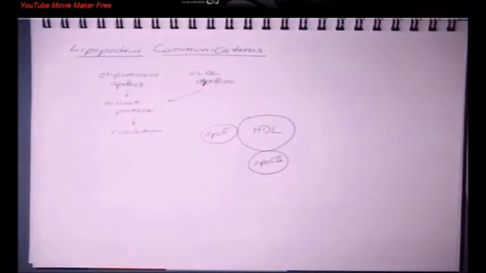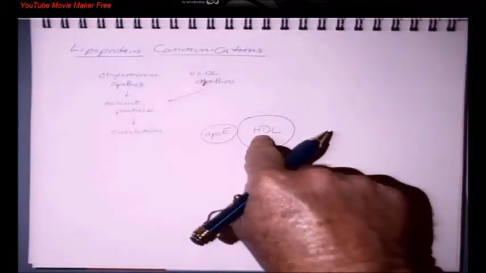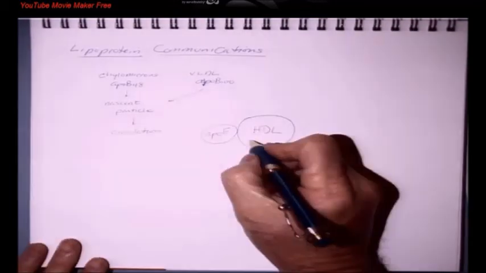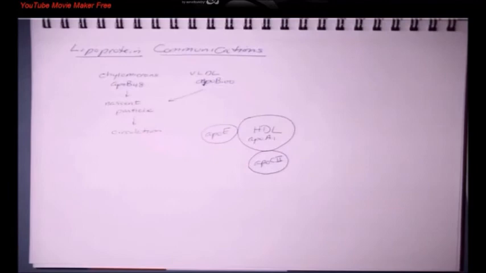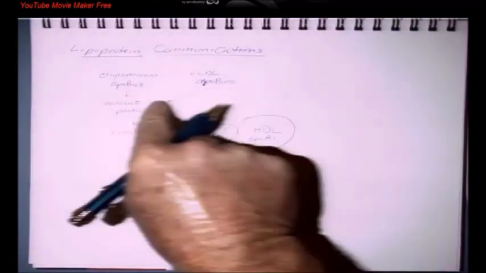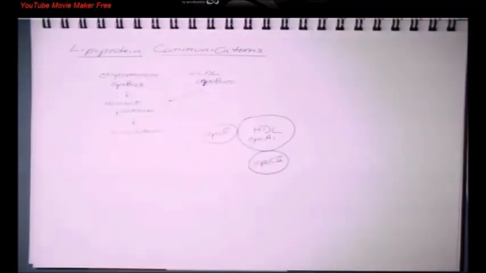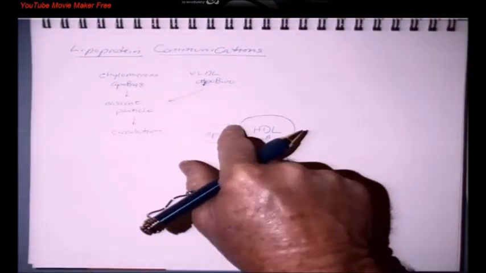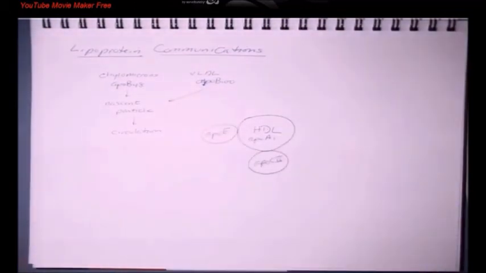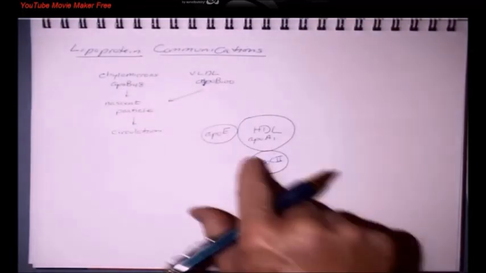Remember that HDL has its own core lipoprotein particle, which is ApoA1. So the ApoA1 is analogous to ApoB48 and ApoB100. But it also has these other apoproteins that are associated with the surface. They're not embedded in the HDL particle. They're actually associated with the surface.